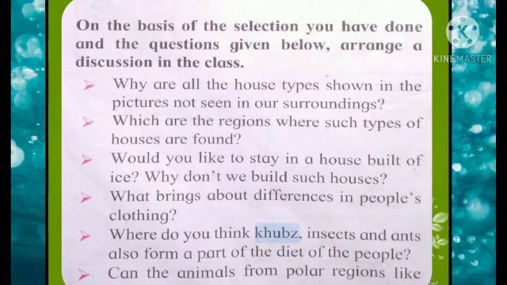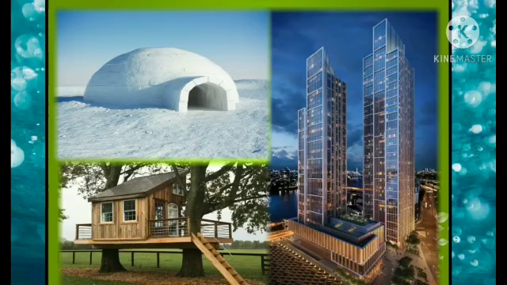So let us move on to the first question. Why are all the house types shown in the pictures not seen in our surroundings? Now, why do we live in houses? The house that we live in saves us from rain, heat, dust, animals, and wind.